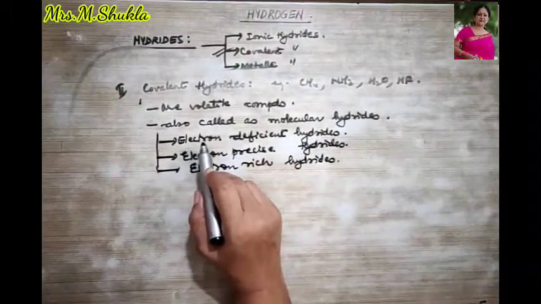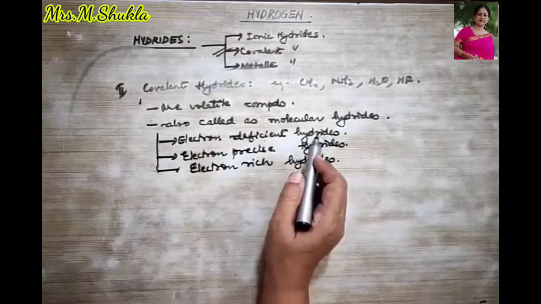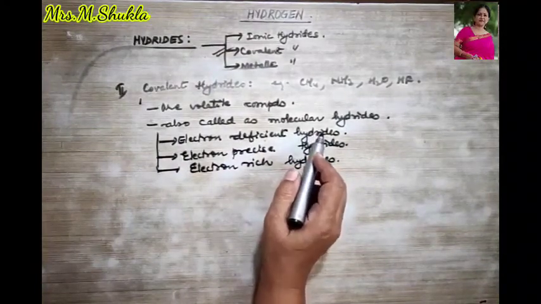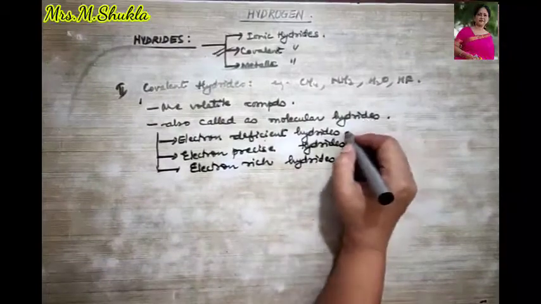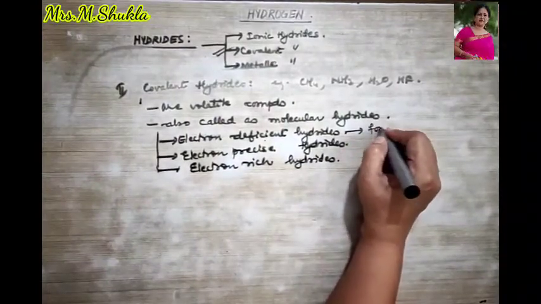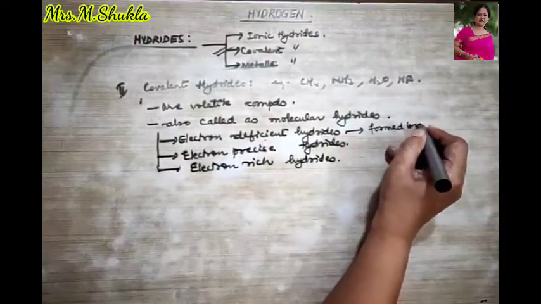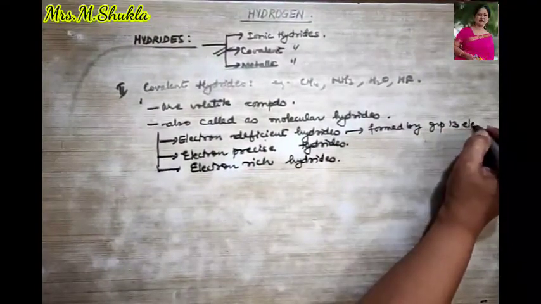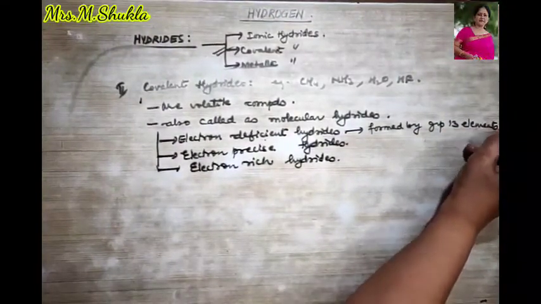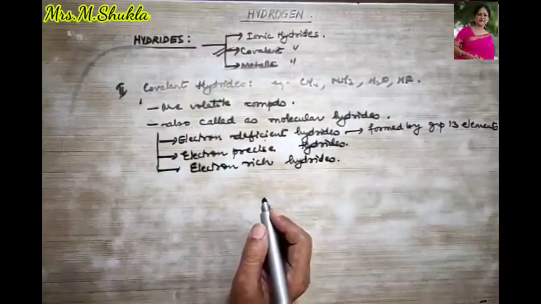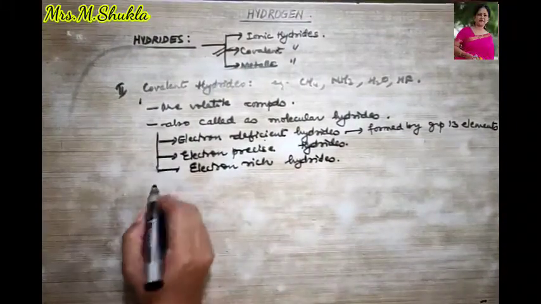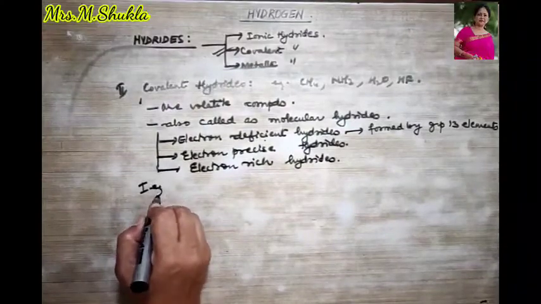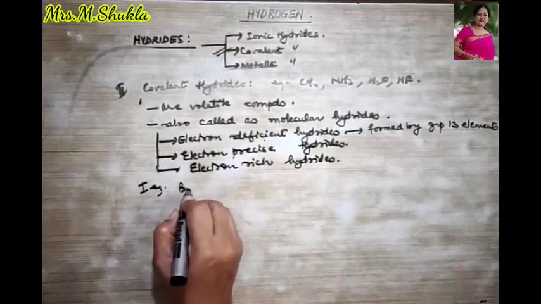So if talking about electron deficient hydrides, these are formed by group 13 elements.